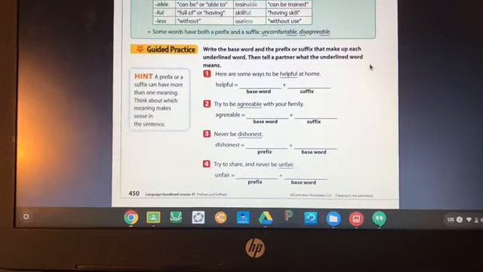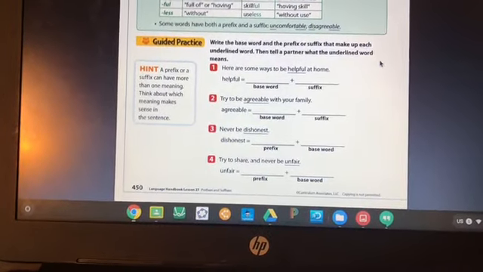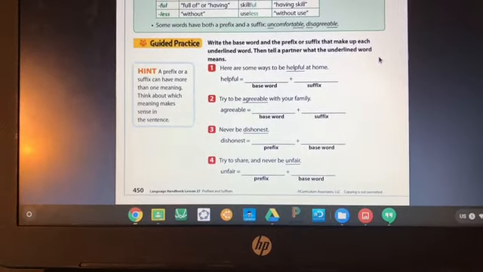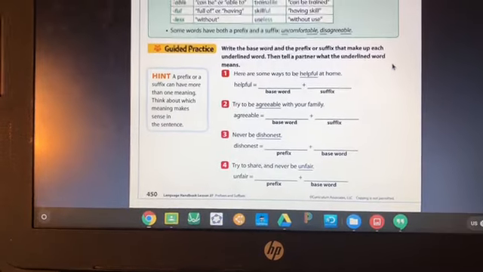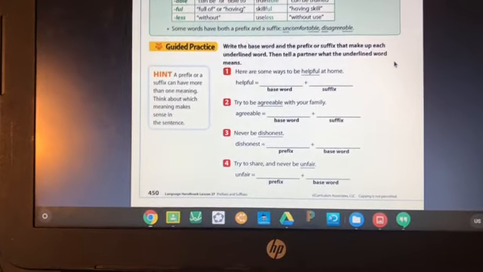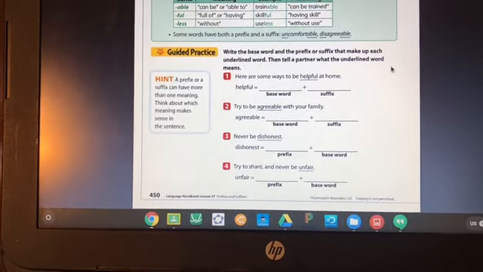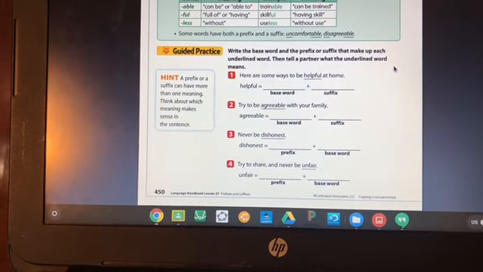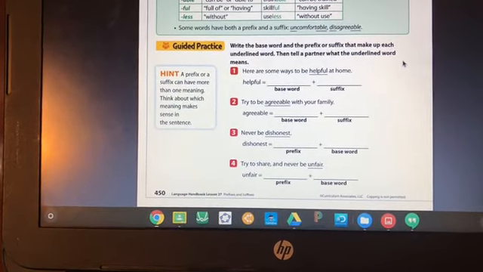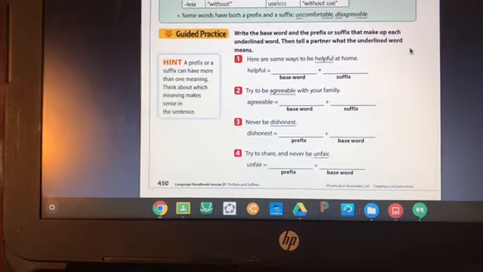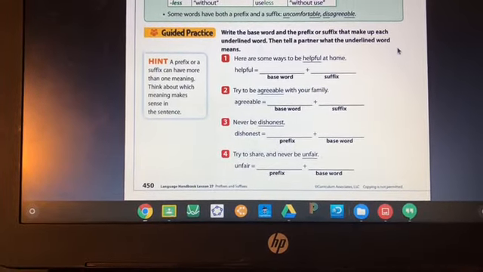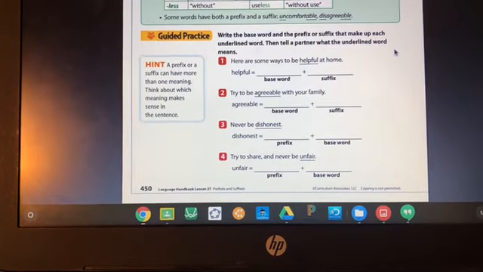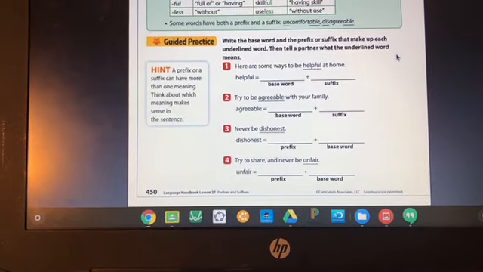Looking at our guided practice, number 1 says, here are some ways to be helpful at home. Helpful equals base word plus suffix. The base word is help. The suffix is full. Number 2, try to be agreeable with your family. Agreeable equals a base word plus a suffix.